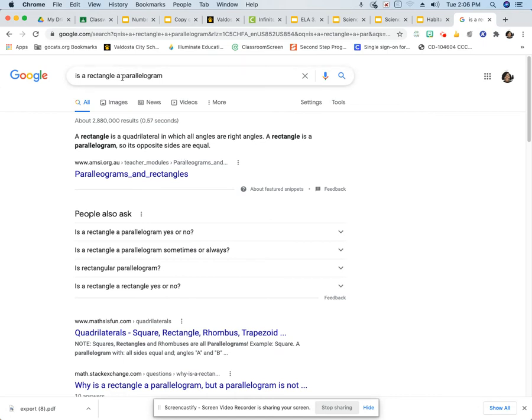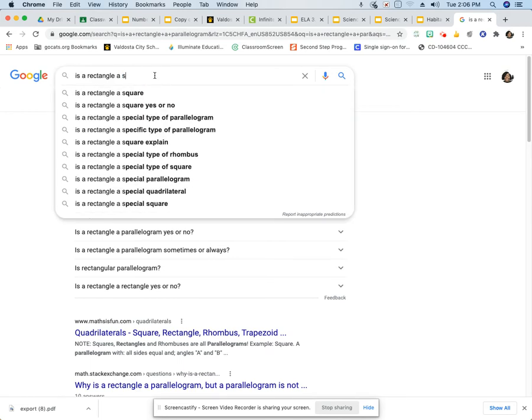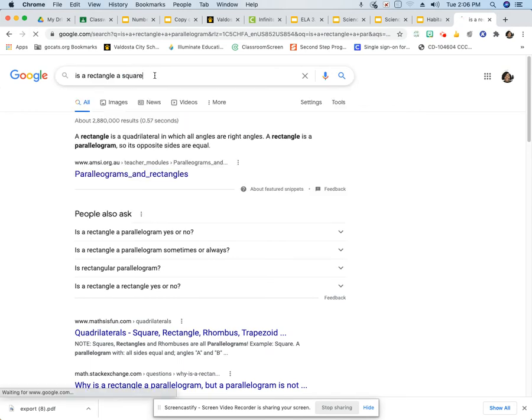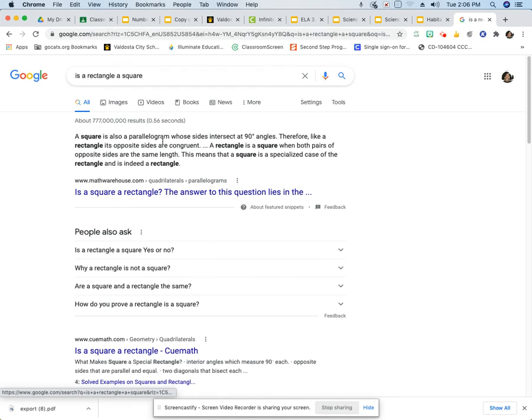Okay. Is a rectangle a square? Let's see. A rectangle is a square when both pairs of opposite sides are the same length. This means that a square is a specialized case of the rectangle and is indeed a rectangle.